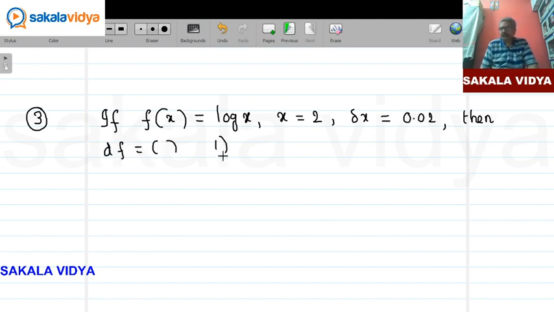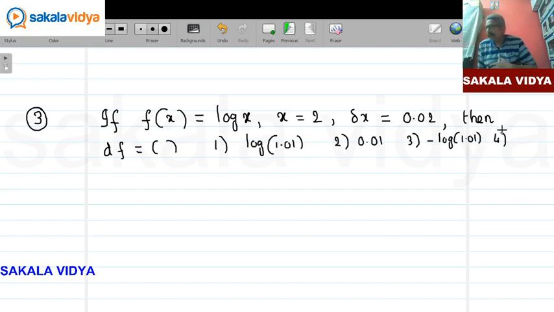First option is log of 1.01, second option is 0.01, third option is minus log of 1.01, fourth option is 0.021. This is the problem.